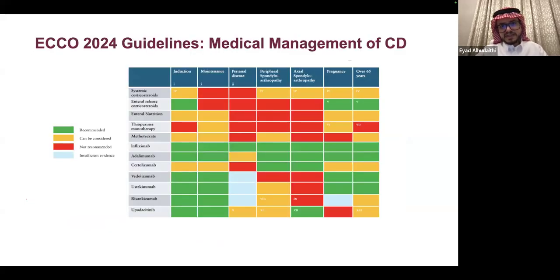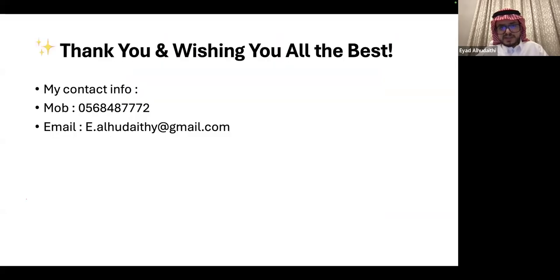I want you to take a picture of this slide because it summarizes most of the conventional and biologic therapies and their uses in different domains like induction, maintenance, what to use in perianal disease, peripheral arthropathy, axial disease, pregnancy, etc.